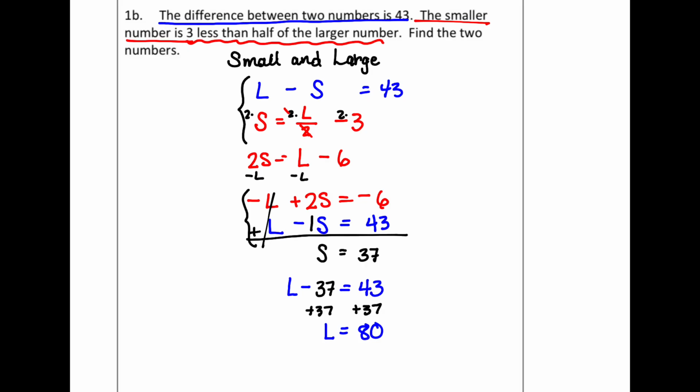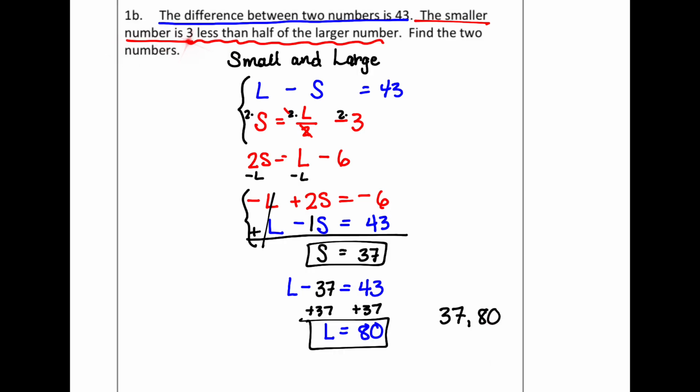You could just say these are my answers, or you could totally rewrite it and say these are my answers. Don't put parentheses around it because it doesn't represent a point. It represents two numbers. Two numbers whose difference is 43.